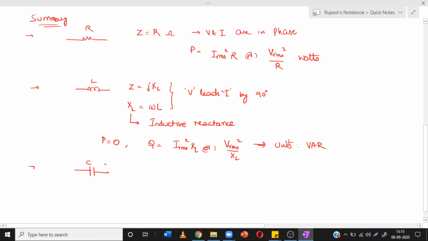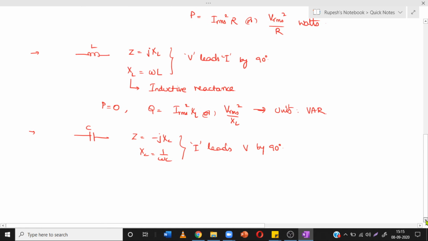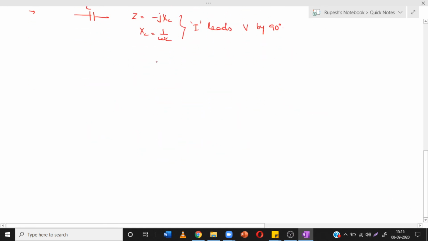Next element is the capacitor. So impedance across the capacitor is minus J into XC, where XC is 1 by omega C. Here current leads the voltage by 90 degrees. Here XC is known as capacitive reactance.